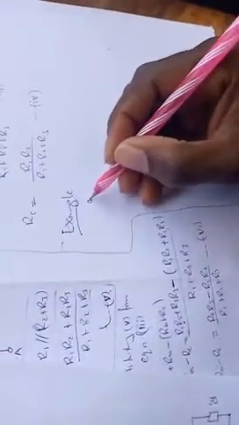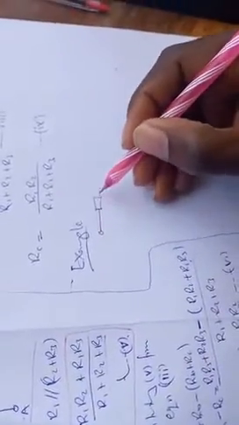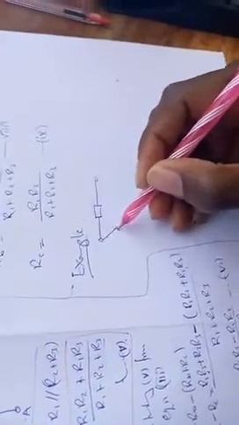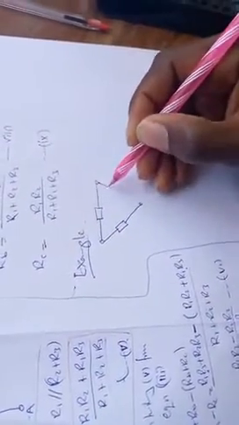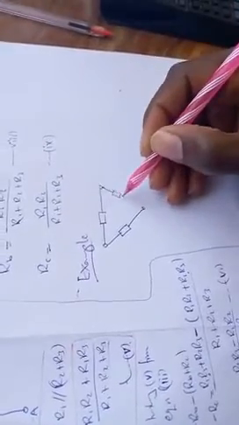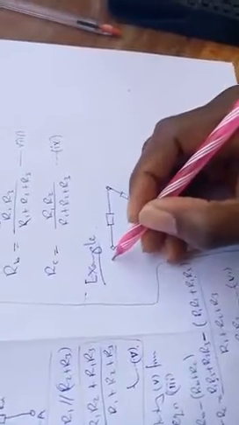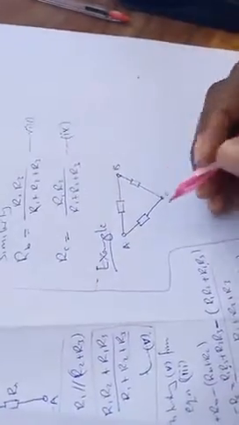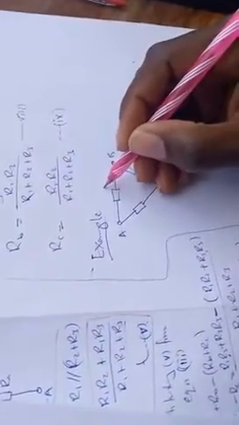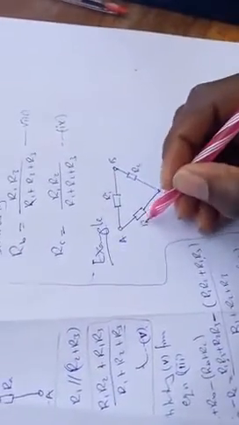Our example is, suppose you are given this network, a delta network, and you've been asked to find its equivalent star. I'll just say A, B, C. Then here I can just say R1, R2, R3.